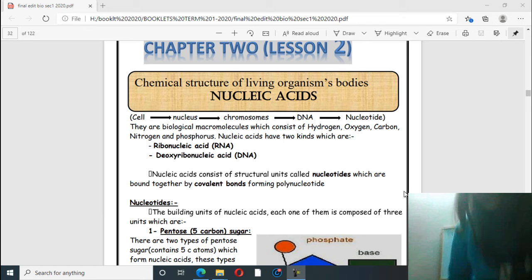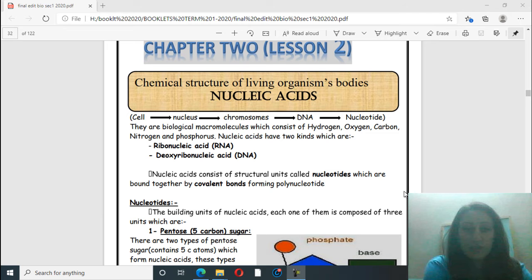Okay, look at your booklet with me. We talked about how the cell contains a nucleus, and inside the nucleus there are chromosomes, whose structure is DNA, and the nucleotide is the building unit. We have two types of nucleic acid: ribonucleic acid RNA, that we didn't talk about till now, and deoxyribonucleic acid DNA that we are explaining now.